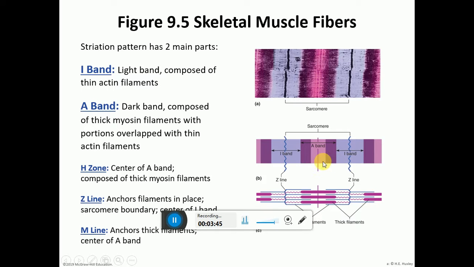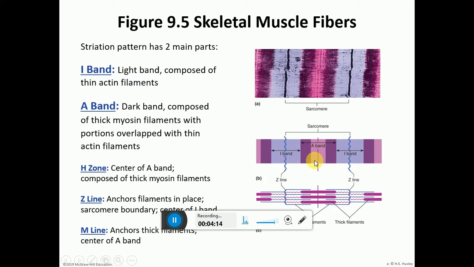While this portion right here is an overlap of the thin and thick fibers, and that is known as the A band. The letter A has a part on top which is thin, and the part on the bottom which is thick. And that'll help us remember that the A band is made out of a mixture of both the thin and thick fibers.